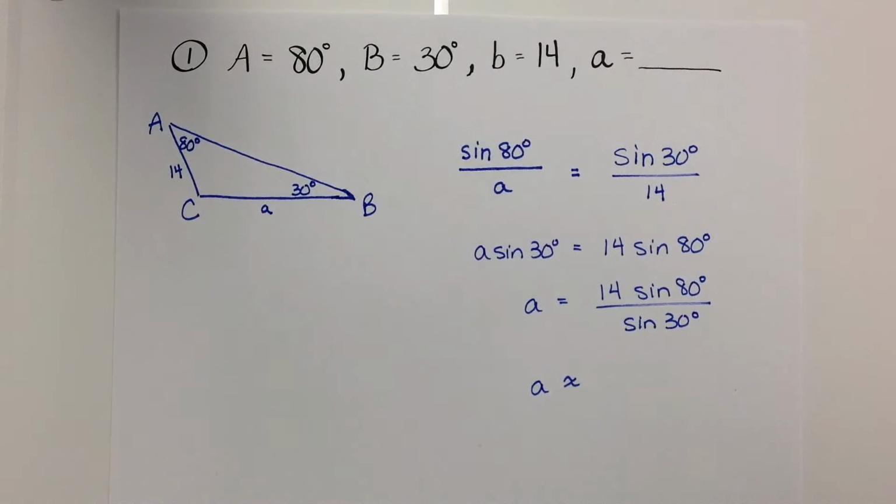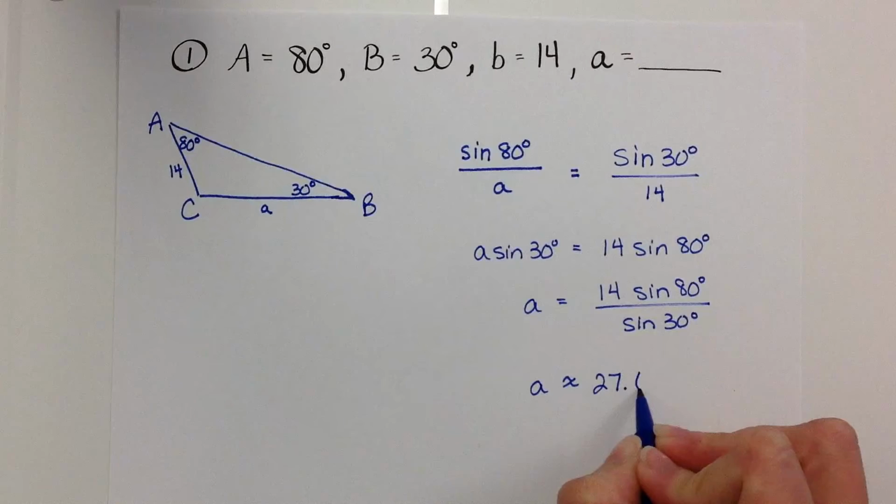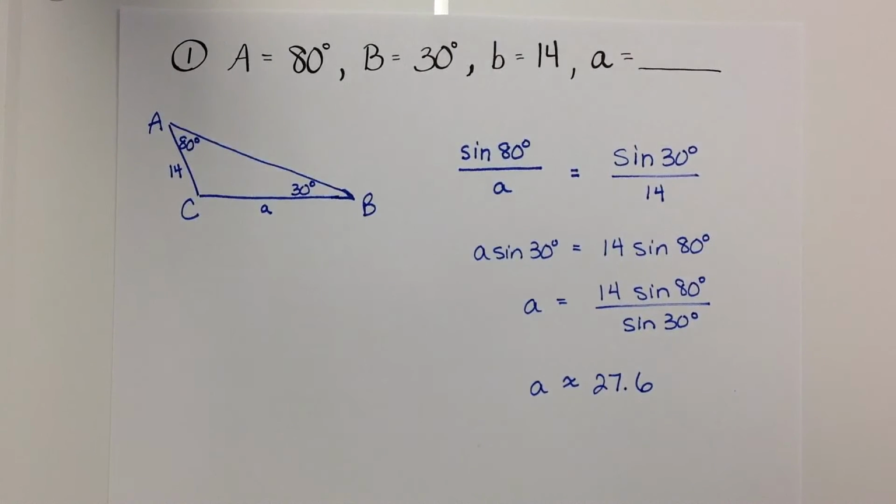Nothing tricky as far as entering that one in. Of course, make sure that you're in degree mode, so just do 14 sine 80 divided by sine 30. Rounding to the nearest tenth, this is approximately 27.6. So there's your answer to that one.